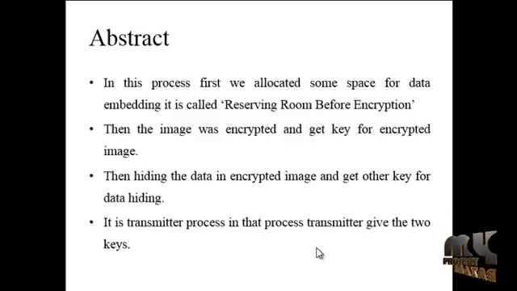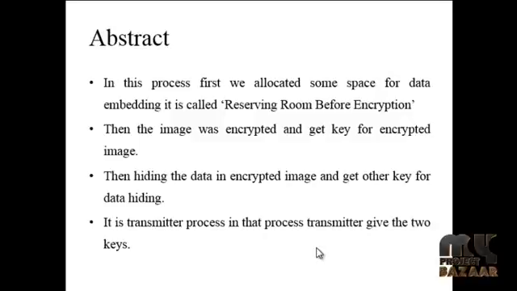For data hiding, reversible data hiding and LSB are used. The LSB technique helps to embed the data into the reserving room. RDH helps to hide the key with the data. If we give the wrong key during the retrieval process, the data will be wrongly classified, so the key increases the security of the process.